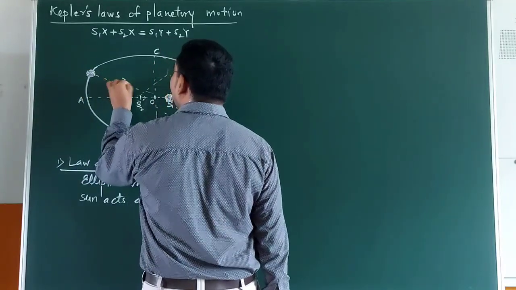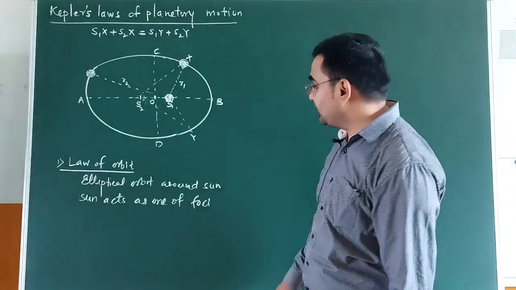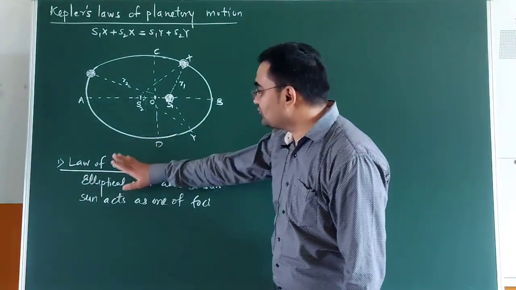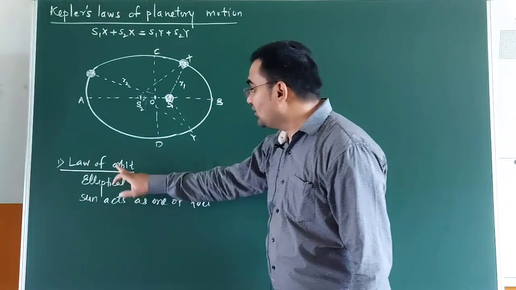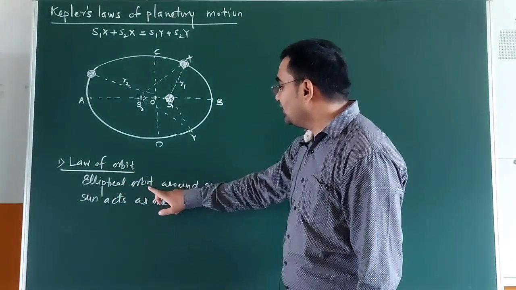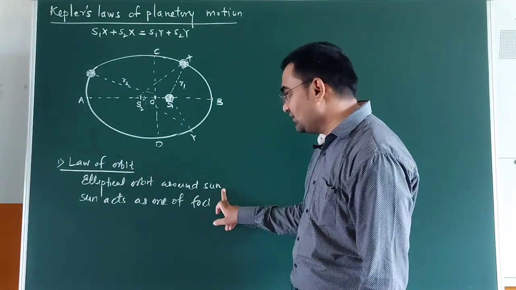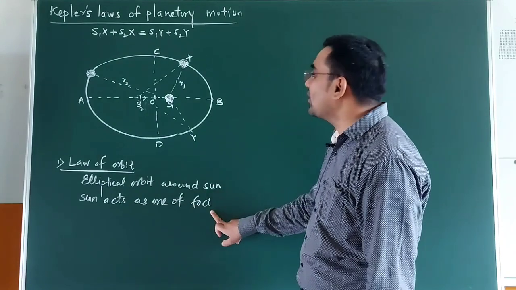And this plays a very vital role in the study of astronomical physics. So in the first law you should be clear that every planet revolves around the sun in an elliptical orbit, where the sun acts as one of the foci.